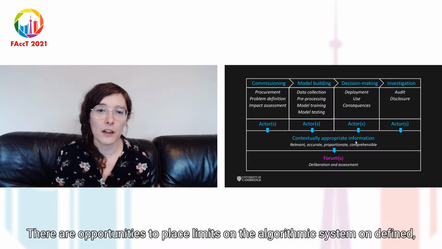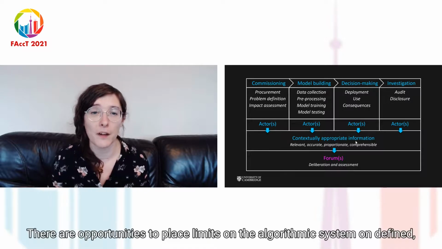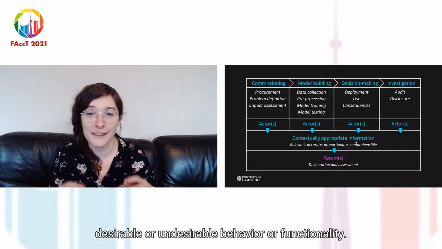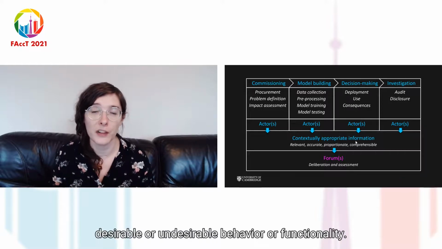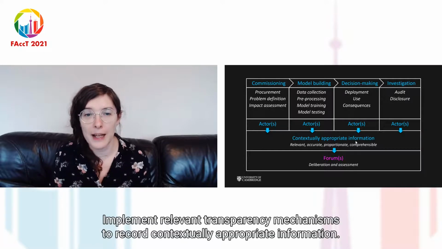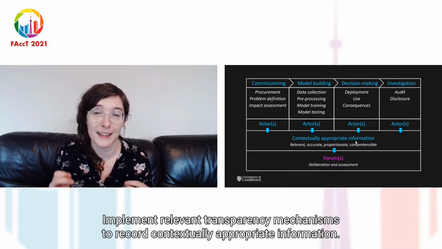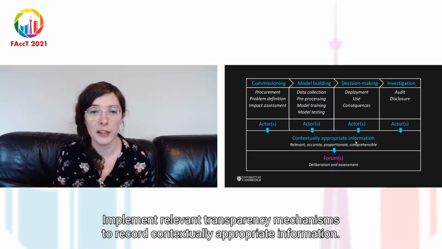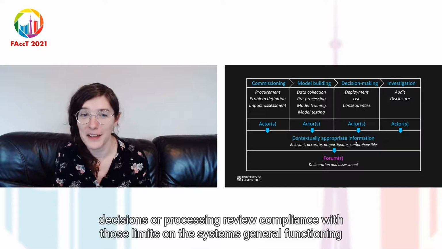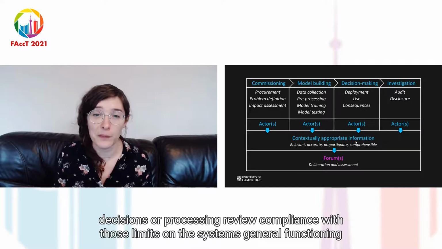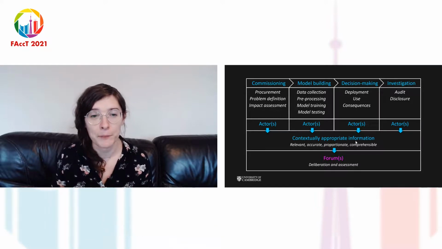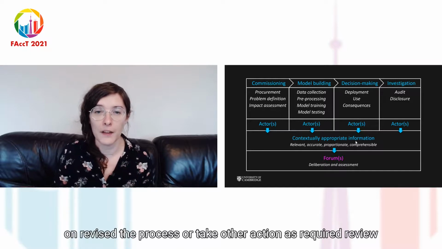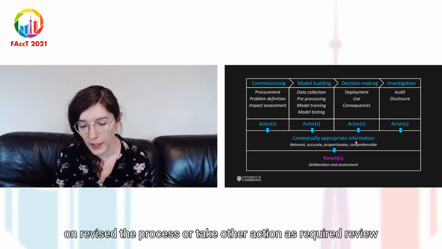At each stage, there are opportunities to place limits on the algorithmic system and define desirable or undesirable behaviour or functionality, implement relevant transparency mechanisms to record contextually appropriate information about actions, decisions, or processing, review compliance with those limits and the system's general functioning, and revise the process or take other action as required.